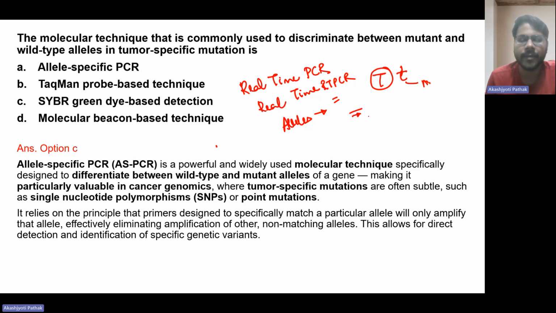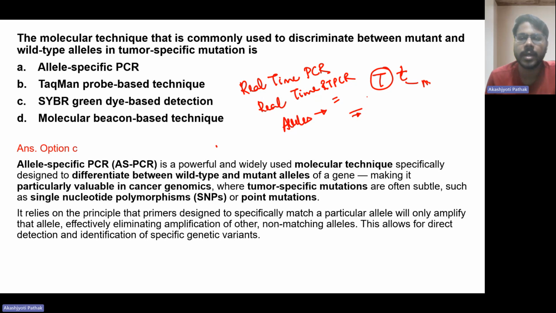If a primer is designed for the wild type gene, it will fail to bind to the gene which is carrying the mutation, so that will not get amplified. For example, you have isolated the DNA, and by restriction digestion you have that particular portion of the gene which you suspect could be involved in the cancer or tumor phenotype.